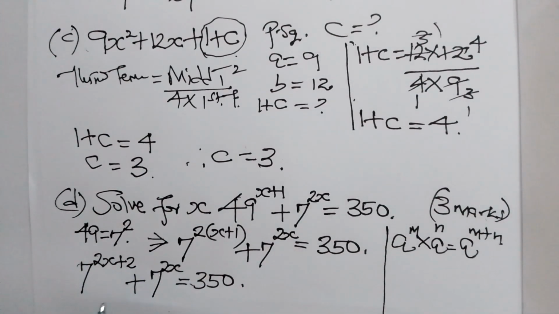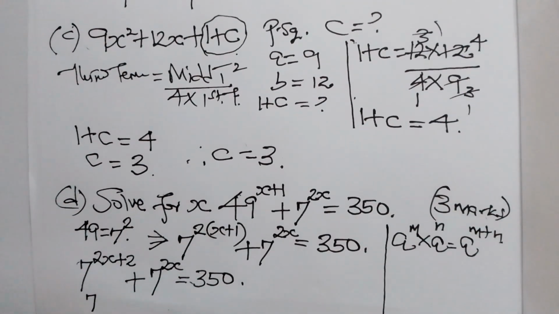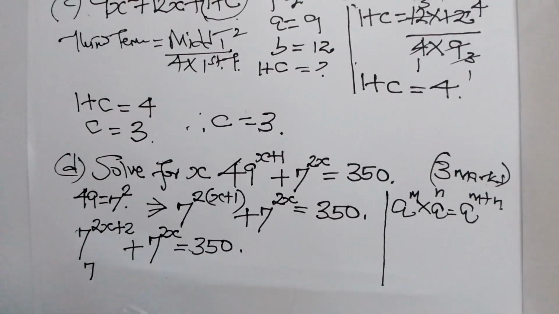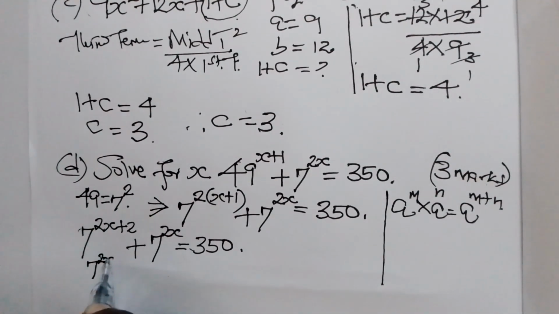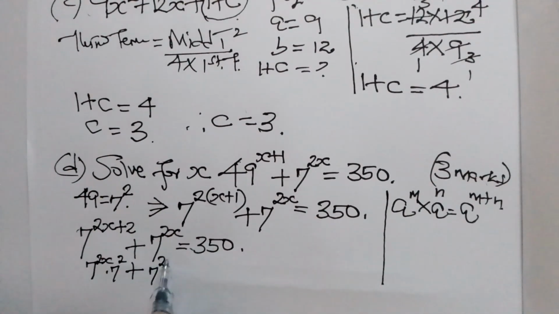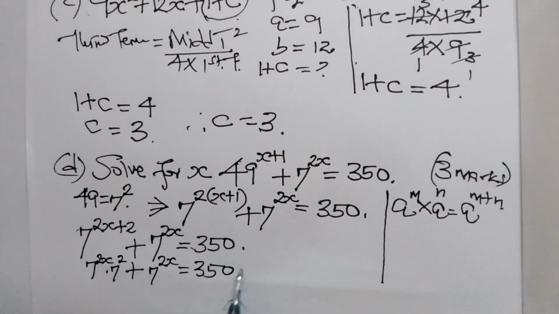Therefore, in this particular expression, we can write it as 7 raised to power 2x multiplied by 7 raised to power 2, plus 7 raised to power 2x is equal to 350.